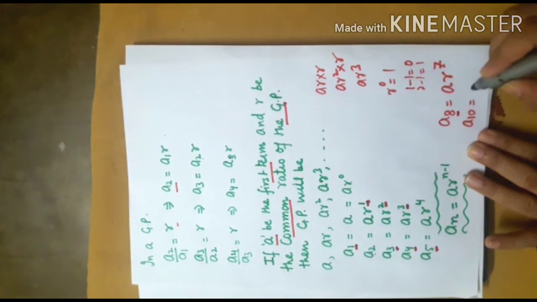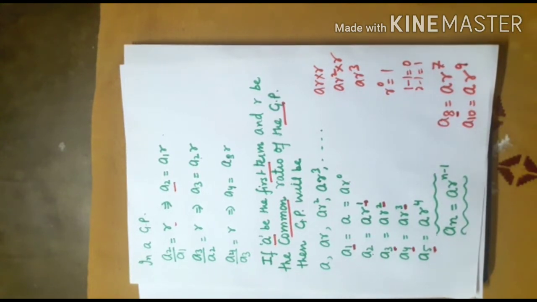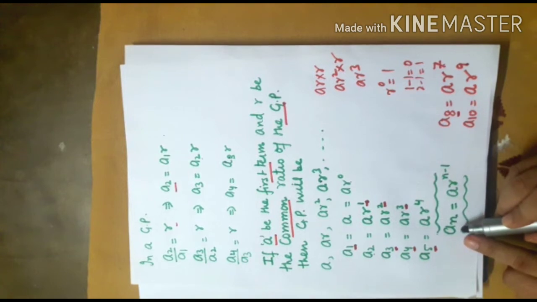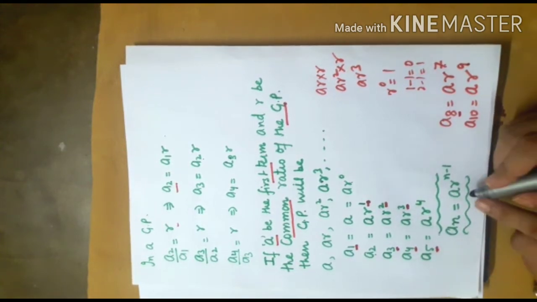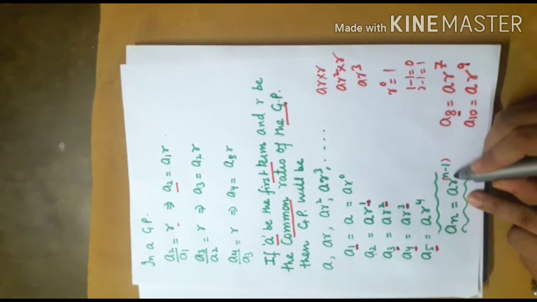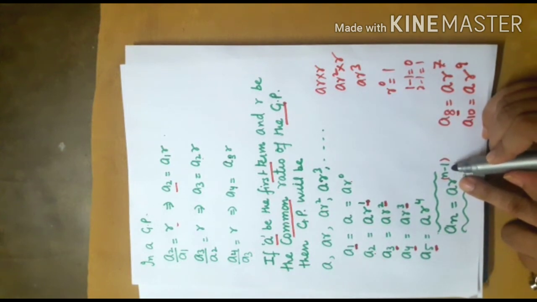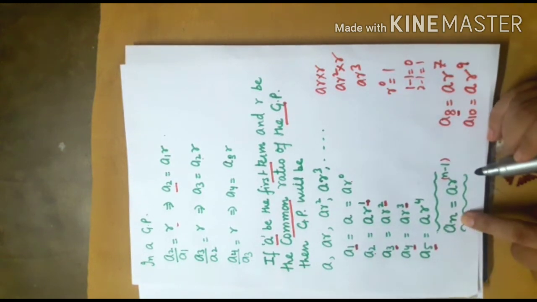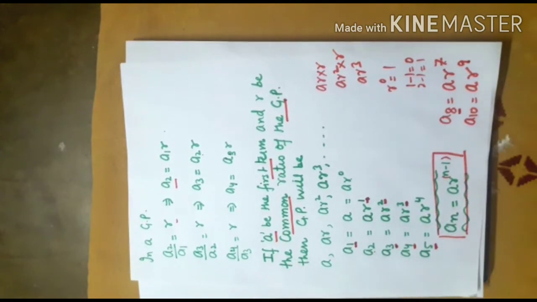A10 will be equal to A into R raised to the power 9. So in general, the nth term of a GP, that is An, will be equal to A into R raised to the power n minus 1. The exponent of R will be 1 less than n. So this is the general term of a GP.